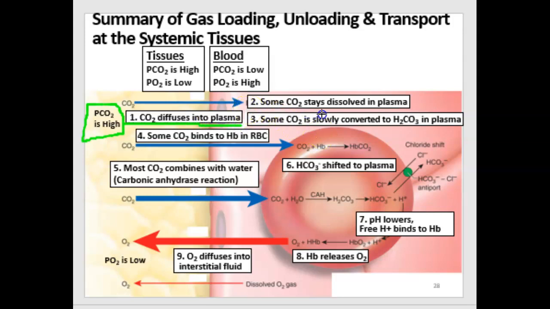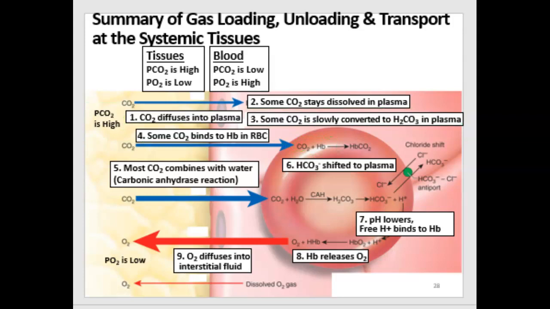Some of it will stay in the plasma. Some of it will get converted in the plasma very slowly, but to carbonic acid. Some of it will move into red blood cells and bind to hemoglobin, a very low percentage.